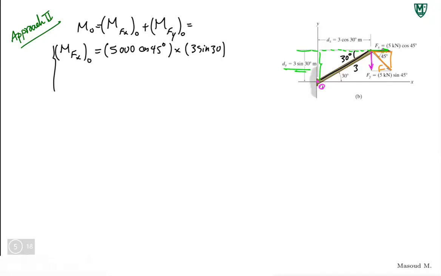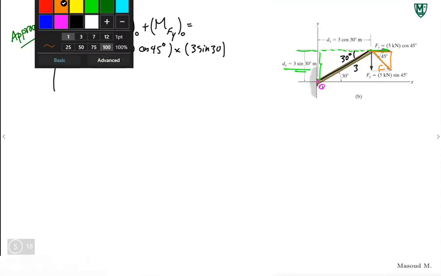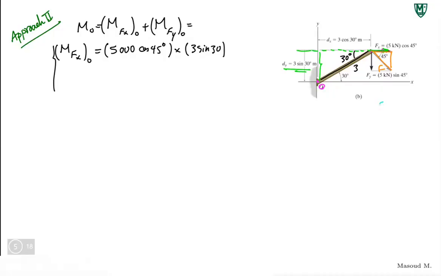The moment Fx creates about point O. We took counterclockwise as positive, and clockwise as negative.